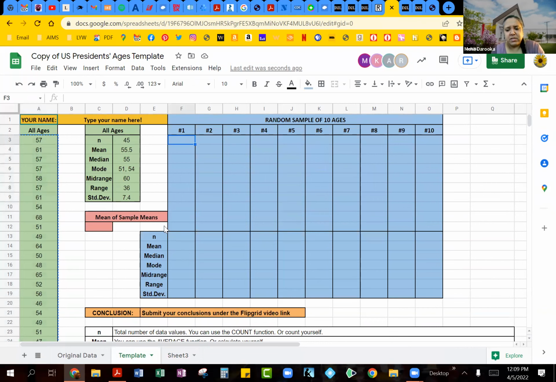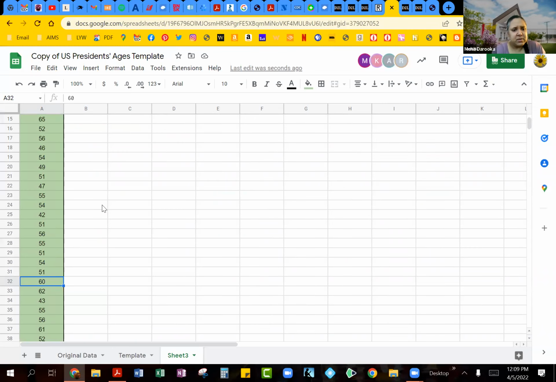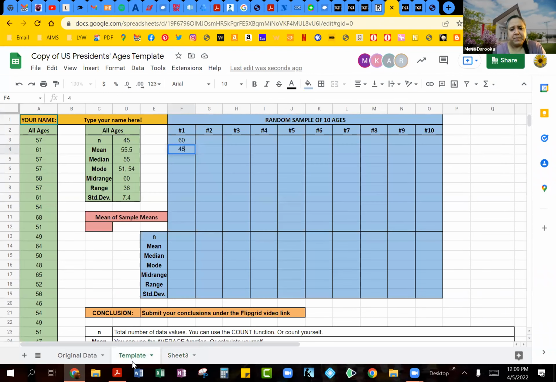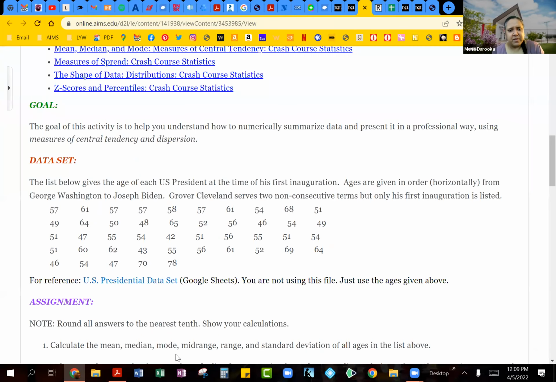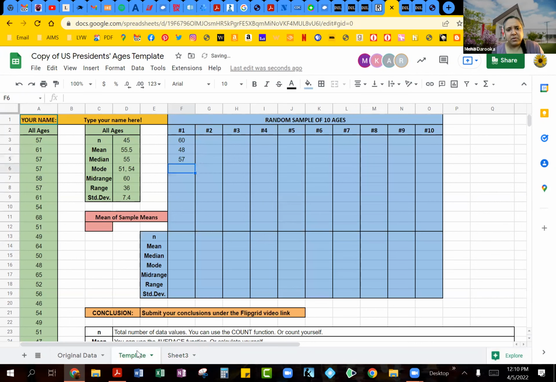So that age 60 will go in here. Then our next one was 14. The number in position 14 is 48, so 48 will go here. Then we have number 3 in the next position. In the number 3, your age is 57. 57 will go here.